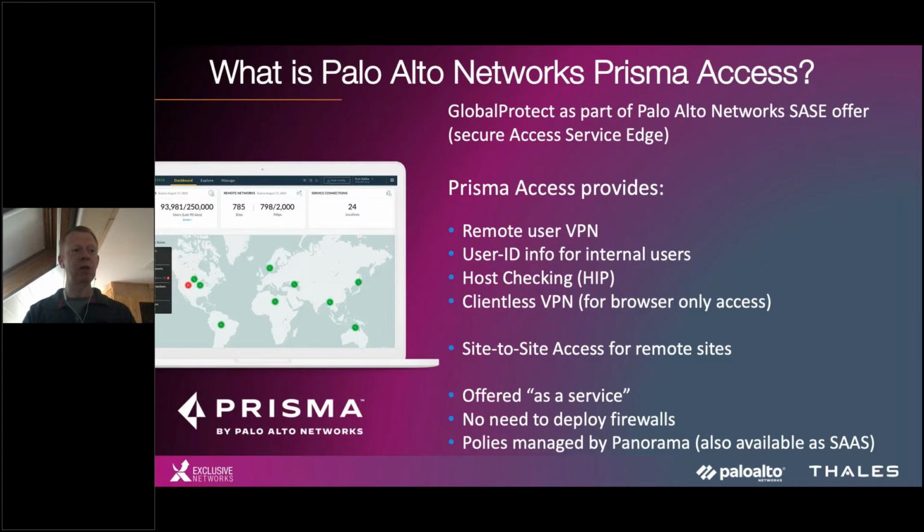It doesn't have to be a Palo Alto Networks firewall. It can be any IPsec-enabled device. But this is not the scope of this webinar. Important to understand is that Prisma Access is just the same as GlobalProtect, at least when we talk about user VPN, but as a service.